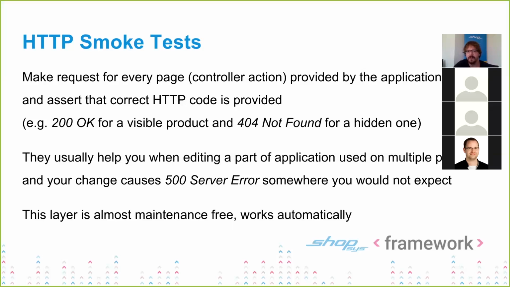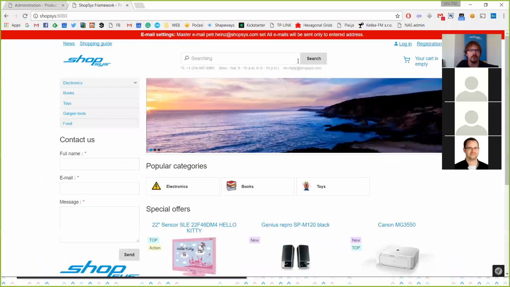If you want to assert some other HTTP code, or if you have to provide some parameters like an ID, or you have to authenticate to see this page, you would have to configure the HTTP smoke testing component. I will show you the documentation.